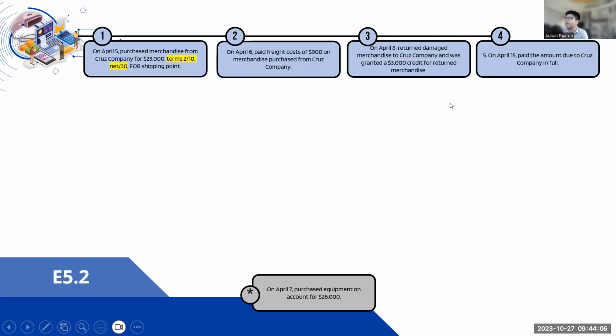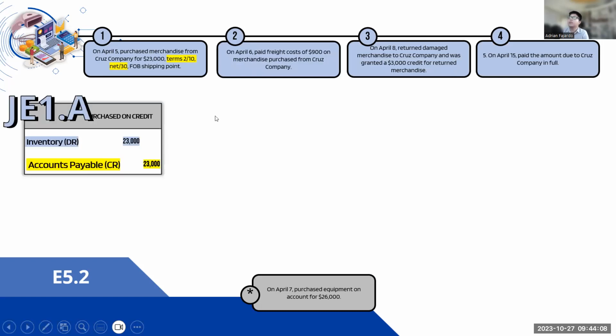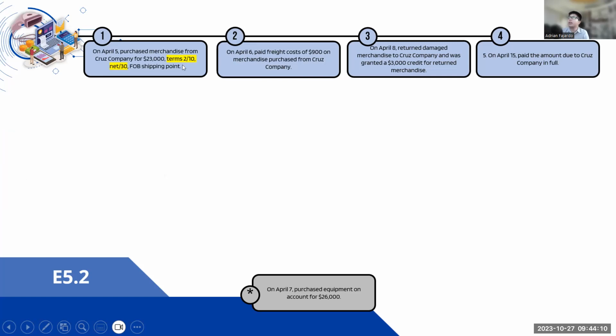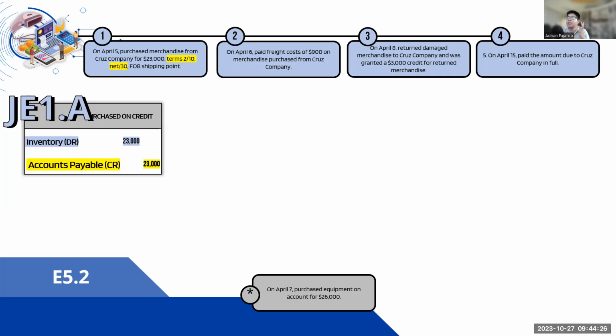Isa-isahin lang natin. On journal entry or transaction 1, terms 2/10, n/30, I know that this is a purchase on credit. So therefore, my journal entry would be debit inventory, tataas, credit accounts payable, tataas of 23,000.